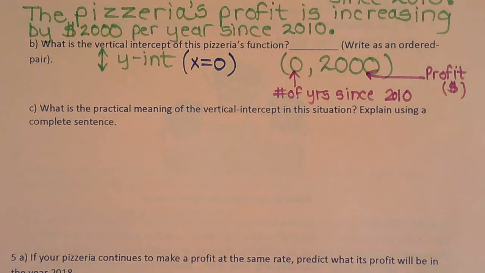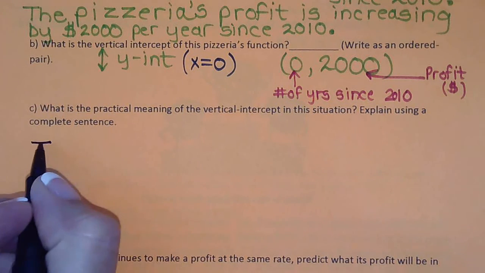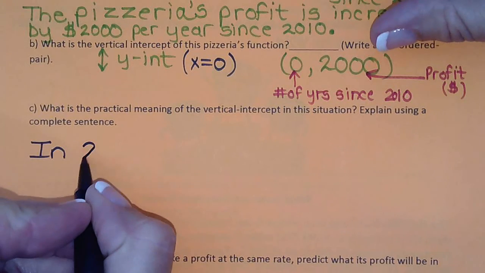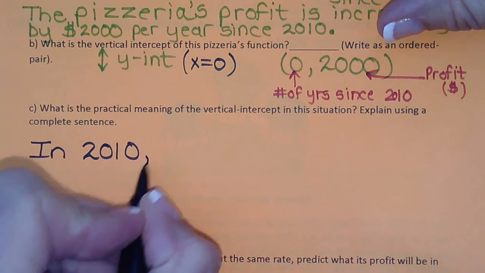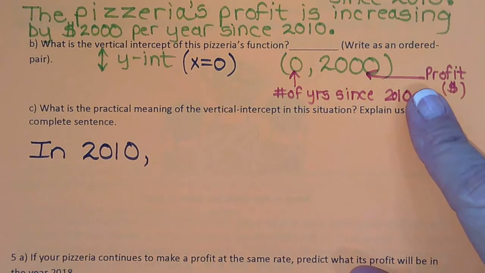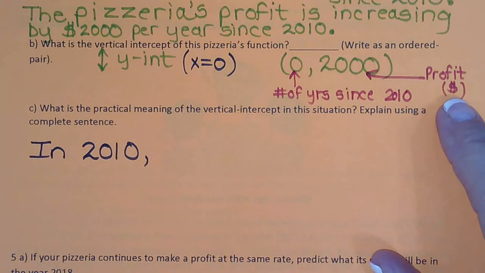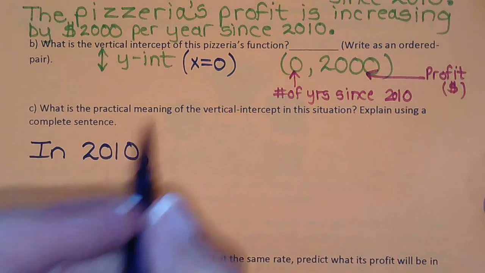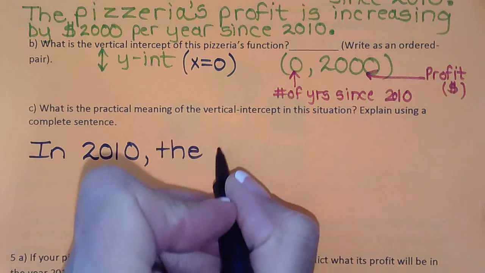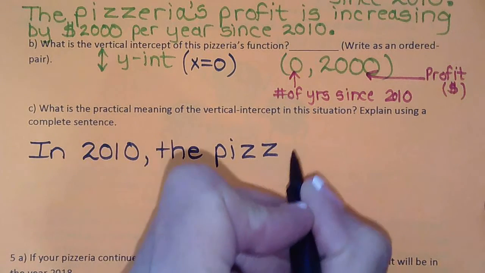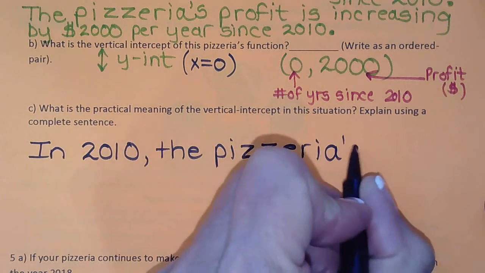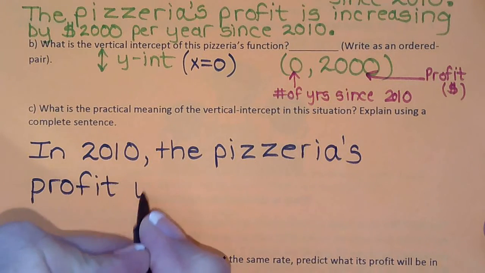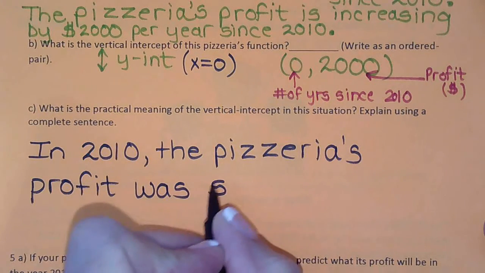So you want to write like you would speak in the real world, because that's what we're getting ready for, the real world. So in 2010, the pizzeria's profit in dollars, or profit, was $2,000.